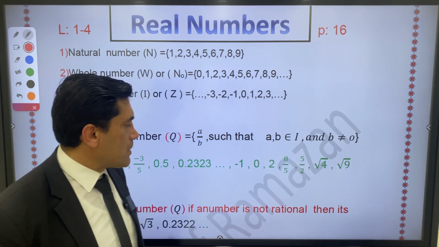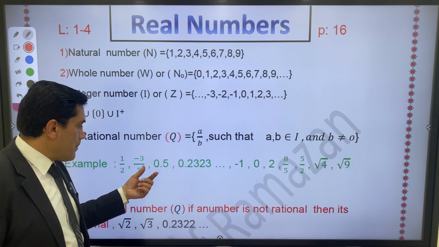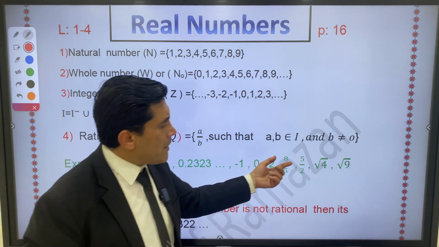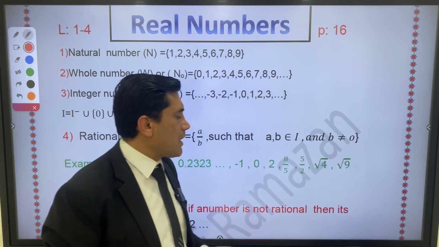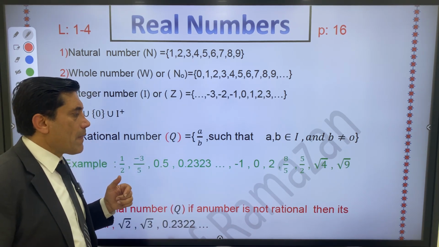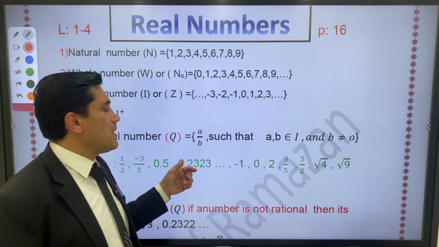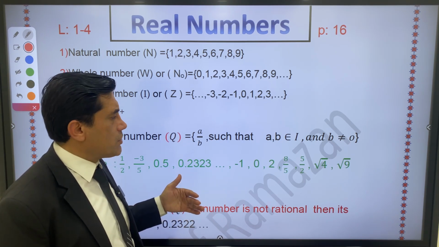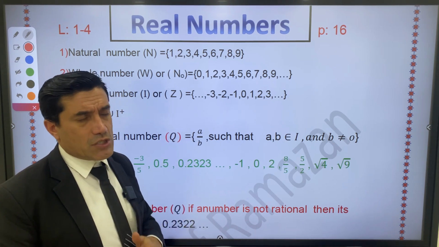But teacher, maybe you will say we also have decimals and square roots or radicals. About decimals, sometimes rational, maybe irrational. What does irrational mean, teacher? Any number that is not rational is irrational.